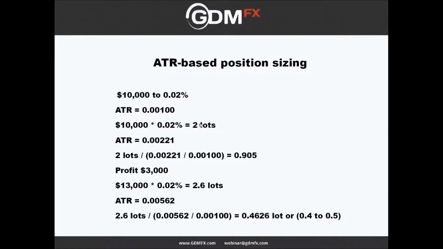Then the current ATR is, let's say, a level of 0.00221, and here is your formula. 2 lots, you divide it by the result of dividing those 2 ATR levels, and in the result you will get 0.905 as a lot size. So this is the so-called equalized size of position.